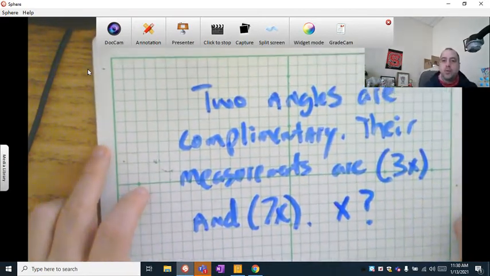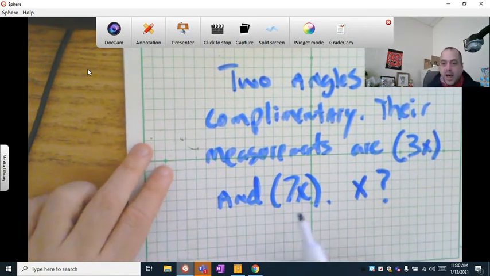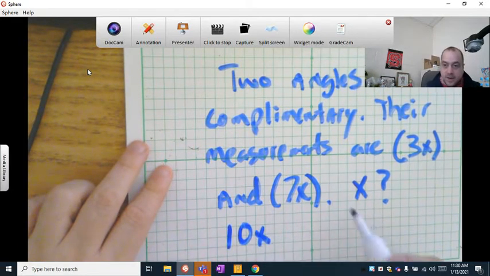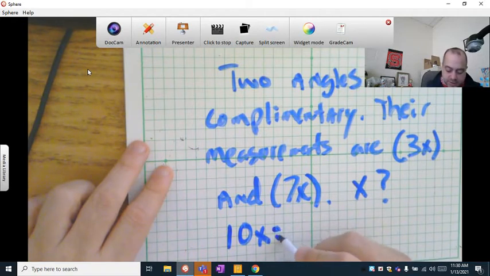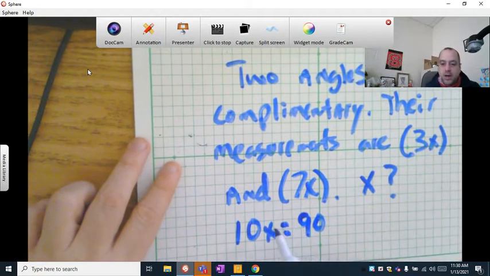Okay, so remember, complementary means their sum is 90. So we're going to add these two together. 3x and 7x make 10x. And when we add them together, they must equal 90. So almost done. You always divide by the variable here. 90 divided by 10 is 9.